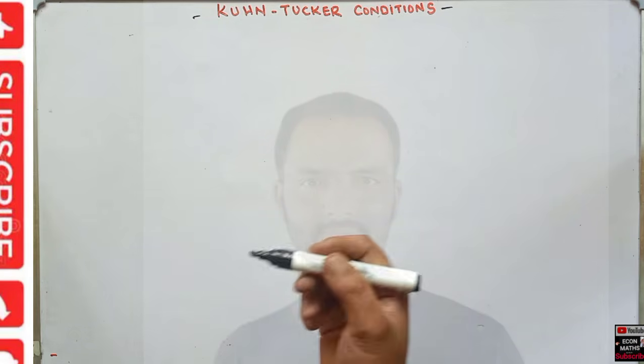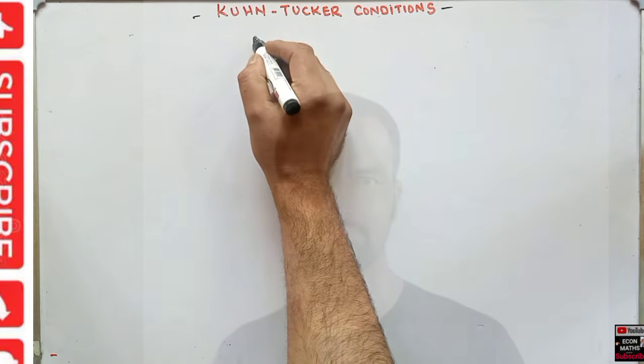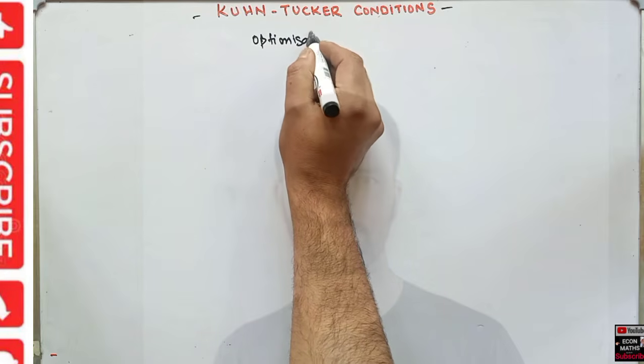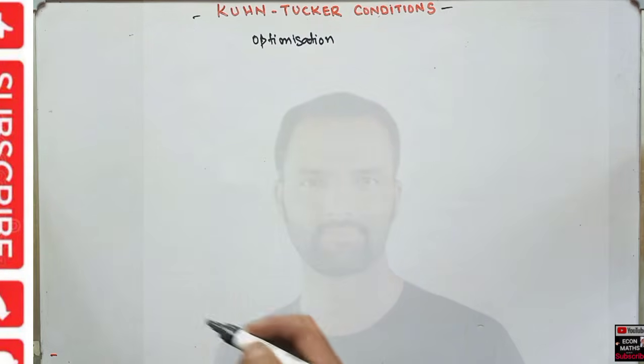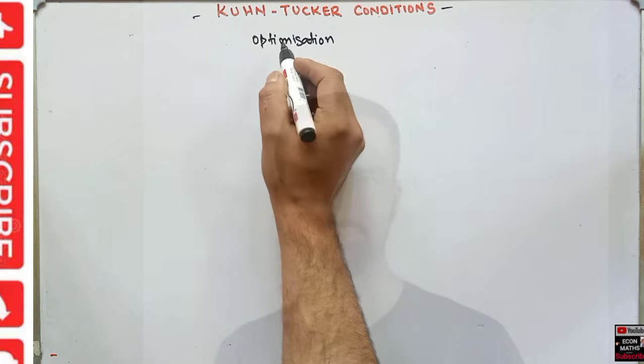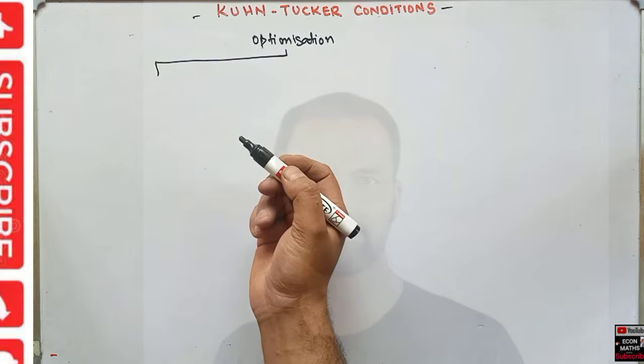Okay. First, we know that if we have the optimization problem, there can be two possibilities. The optimization problem can be anything. We want to maximize our utility or minimize our cost.